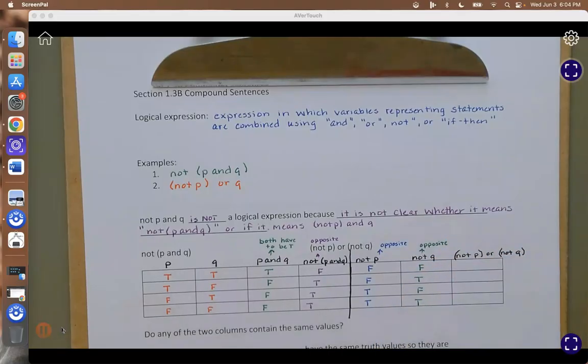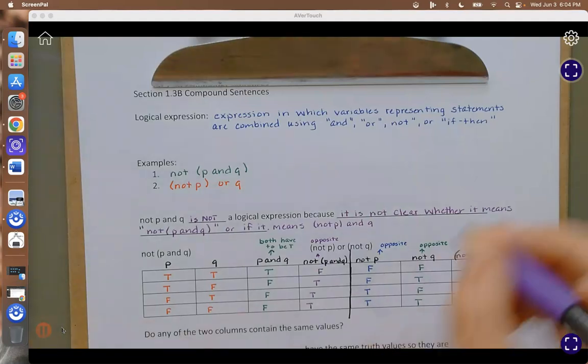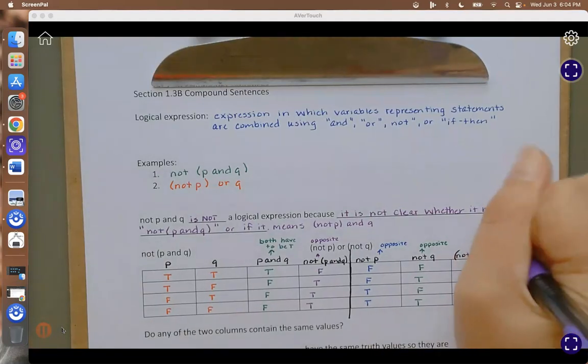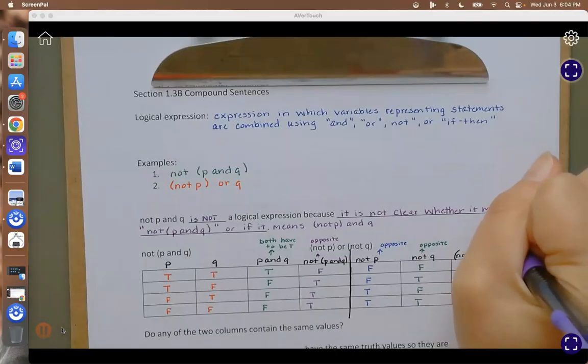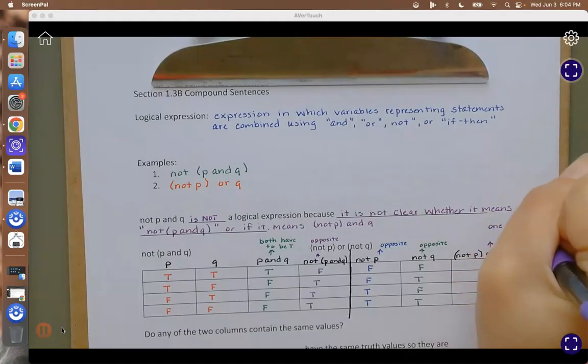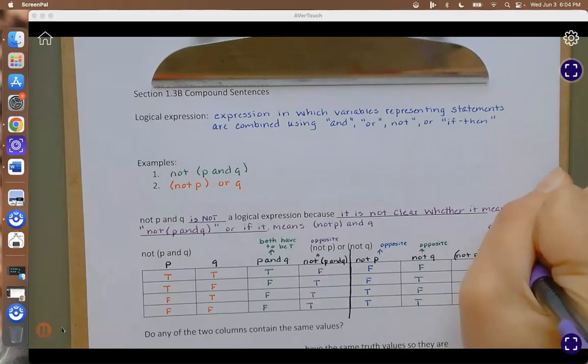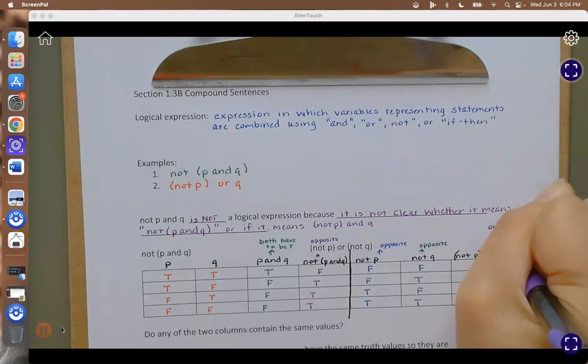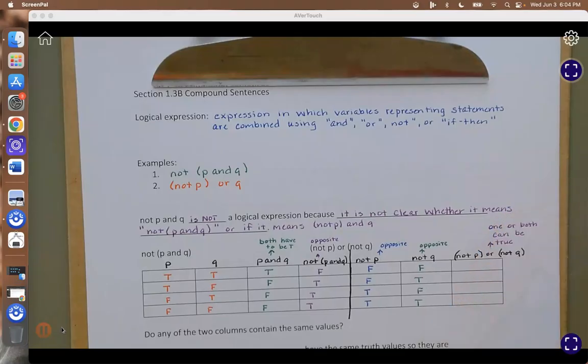Now, remember for not P or not Q, the or means one or both can be true. Okay?